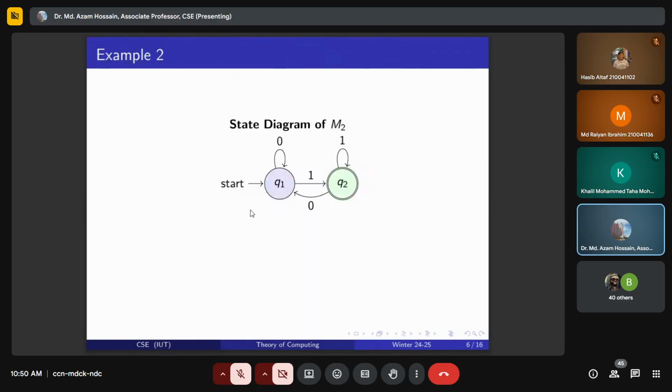Okay. Now let's try this language. What language does this accept? Zero and one.